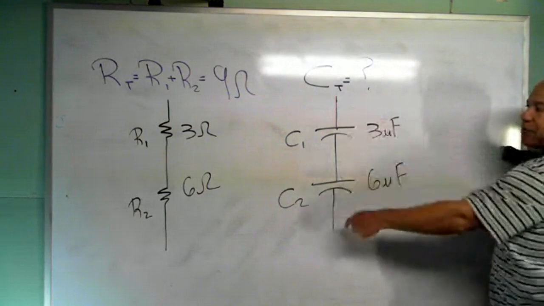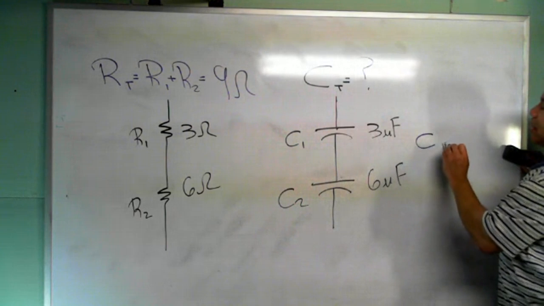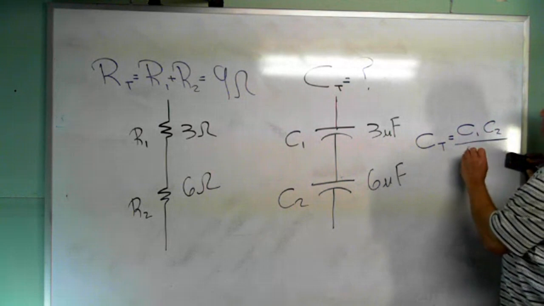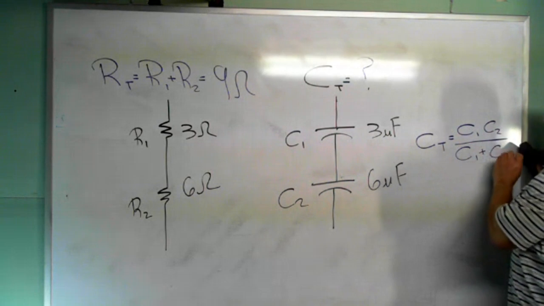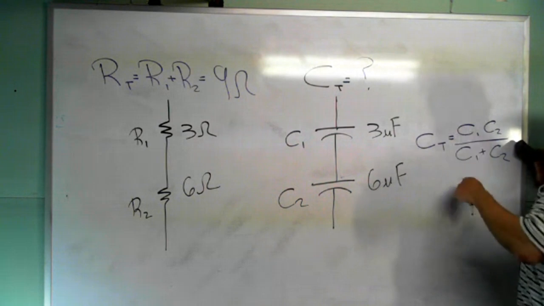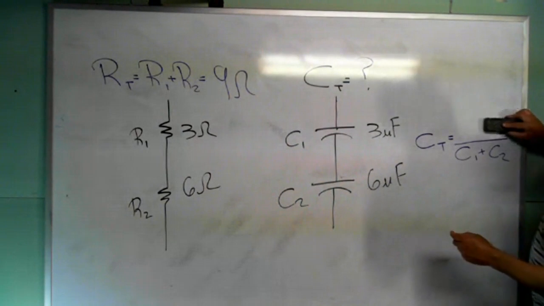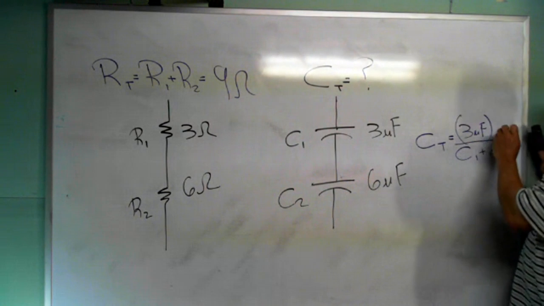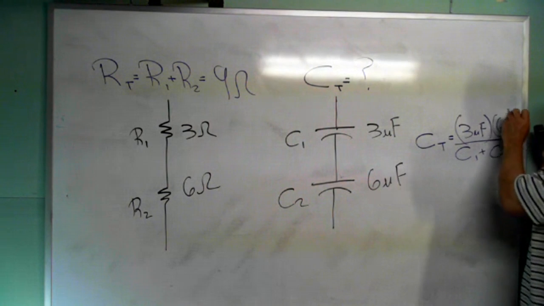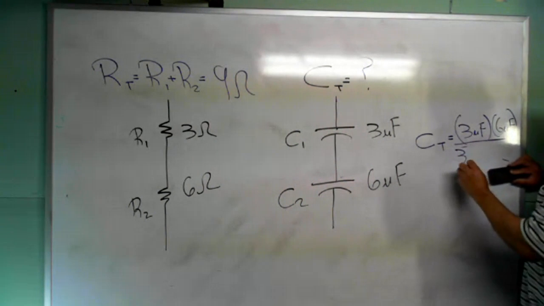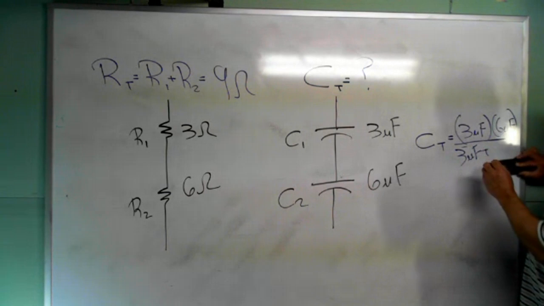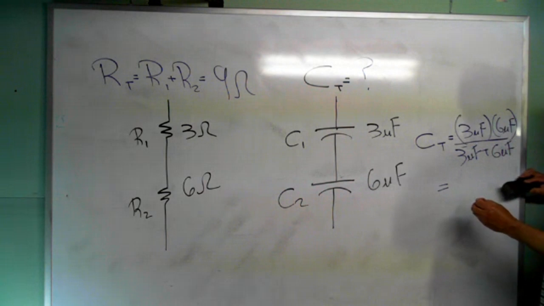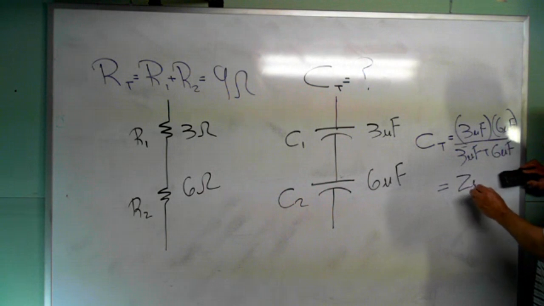So when I have capacitors in series, to find the total, it'll be C1 times C2 over C1 plus C2. And so for this one, I put the numbers in: 3 microfarads times 6 microfarads over 3 microfarads plus 6 microfarads. So my total capacitance here would be 2 microfarads.